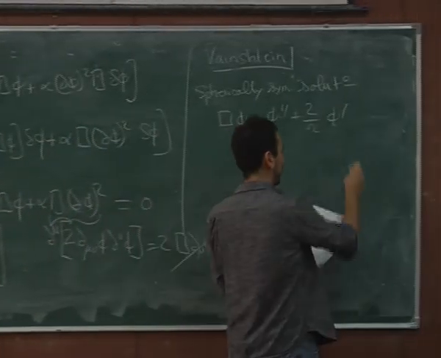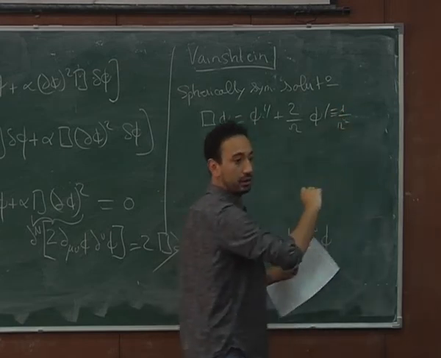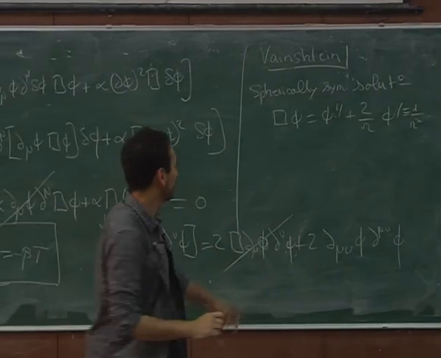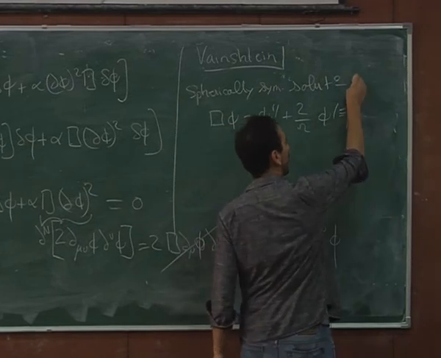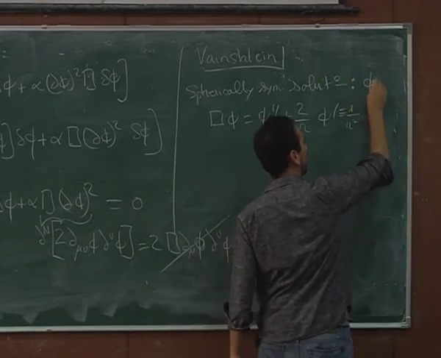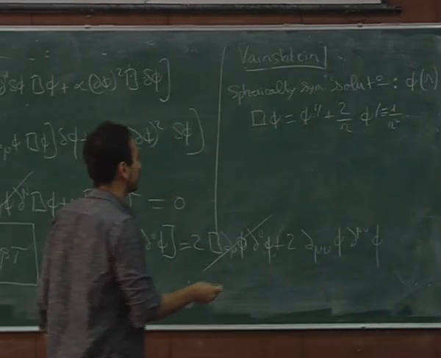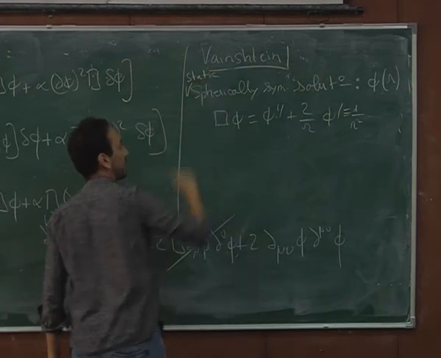This, by the way, you can write in this way. It's 1 over r squared. Sir, phi is a function of r or x? Yeah, sorry. Because I say it's spherically symmetric, I'm saying here that phi is just a function of r. And I should say static also. Static, spherically symmetric.